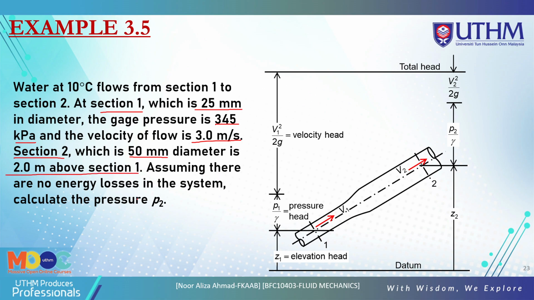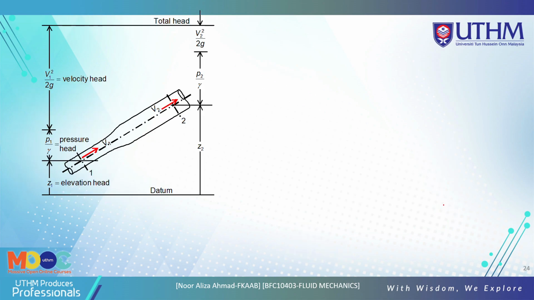Assuming there are no energy losses, find the pressure at point 2. The flow is from the inlet to the outlet, from point 1 to point 2.